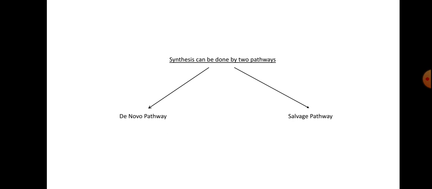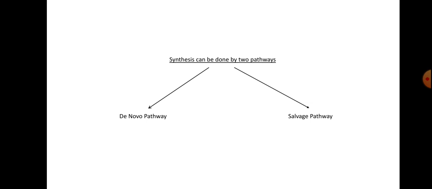Salvage pathway, as the name suggests, salvages some molecules present in the body that are not as useful as the product that is required. So they can be used, through an easy pathway, with a few things added to them, to make the product that is right now required, in our case, pyrimidines.